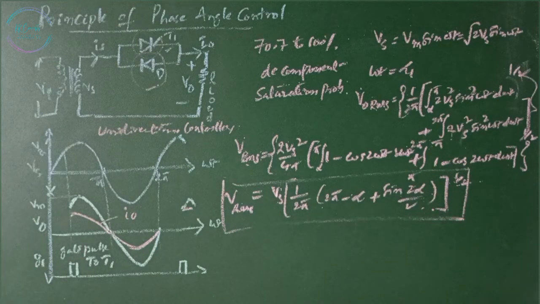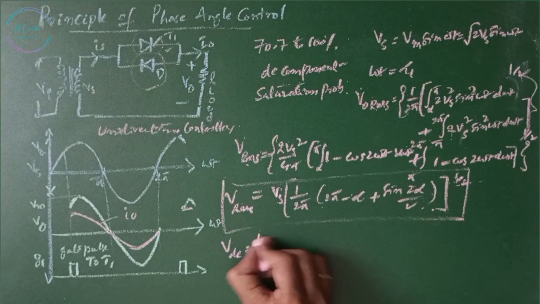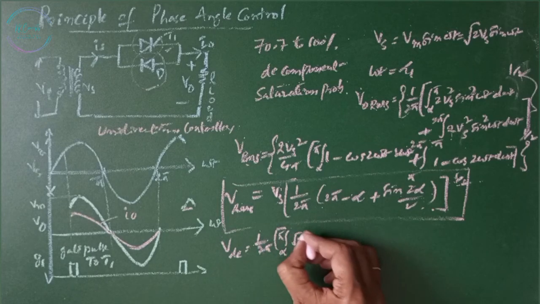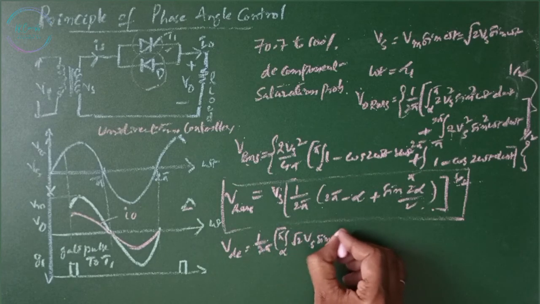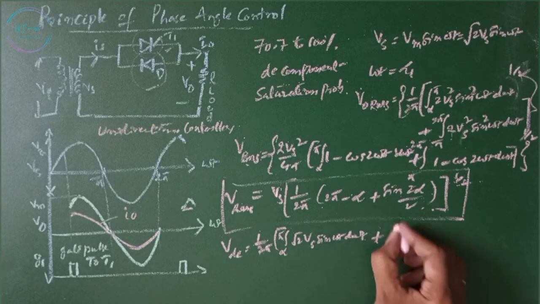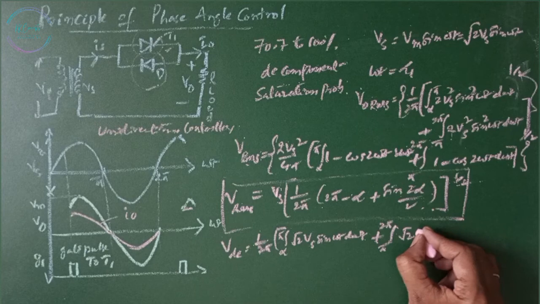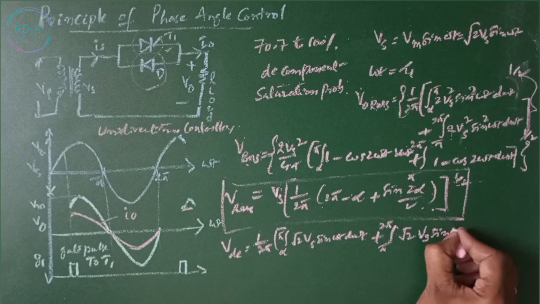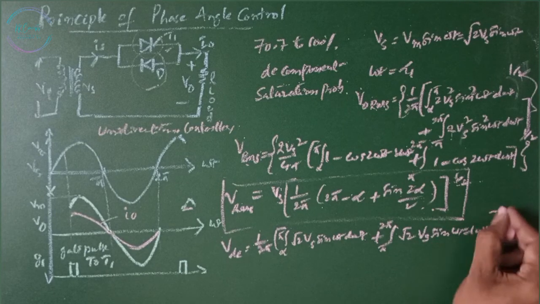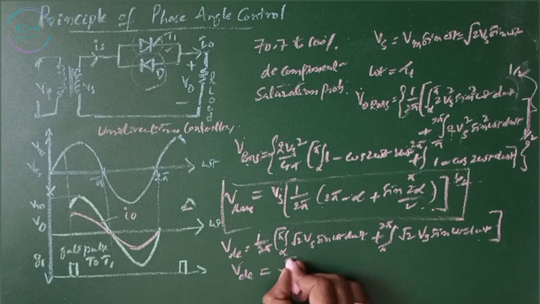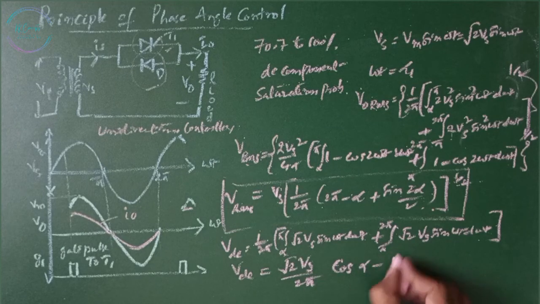Now the average value VDC is given by 1 by 2 pi times the integral from alpha to pi of root 2 Vs sin omega t d omega t, plus the integral from pi to 2 pi of root 2 Vs sin omega t d omega t. Now when you solve this, you are going to get VDC equals root 2 Vs divided by 2 pi times (cos alpha minus 1).